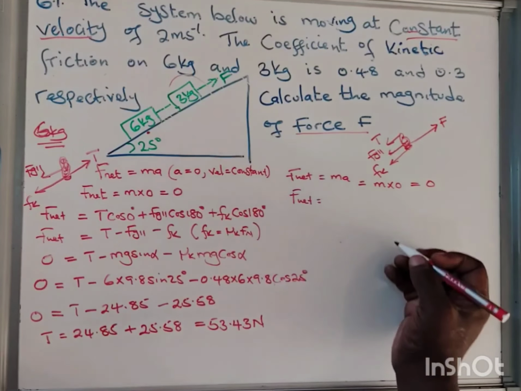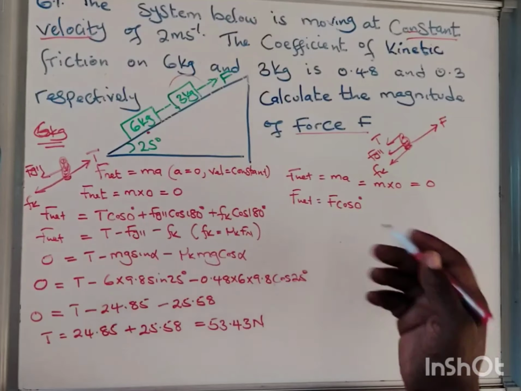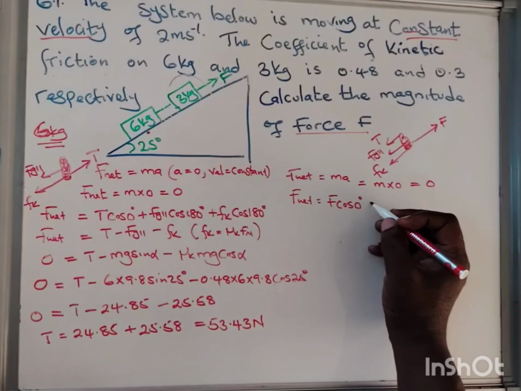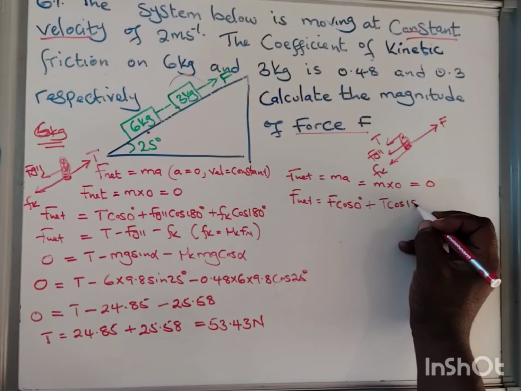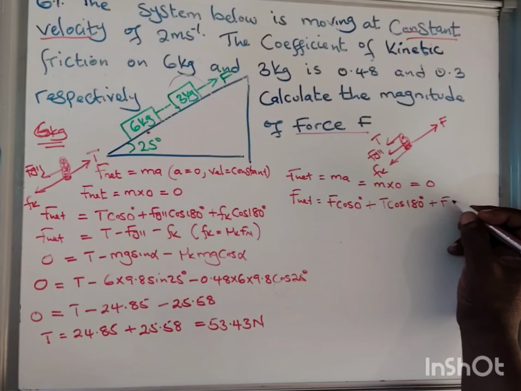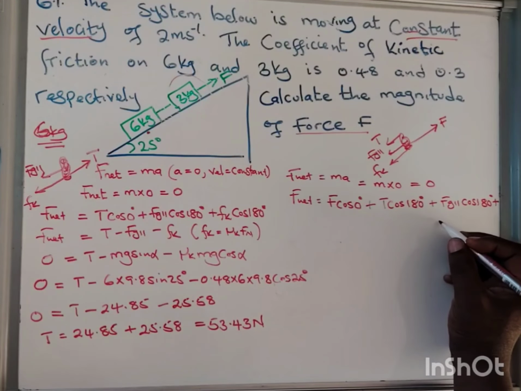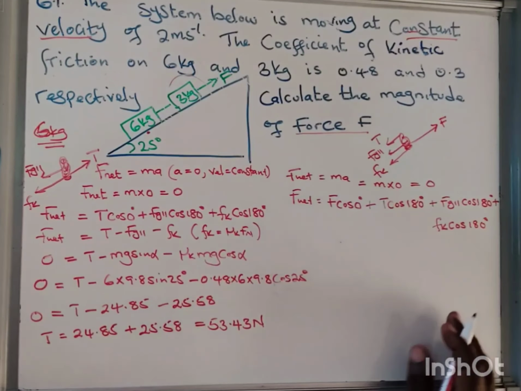F net is equal to F, the applied force, cos 0 degrees, because it's along the direction of displacement, plus T cos 180 degrees, because it is acting opposite to the direction of displacement, plus Fg parallel cos 180 degrees for the same reason, plus Fk cos 180 degrees.